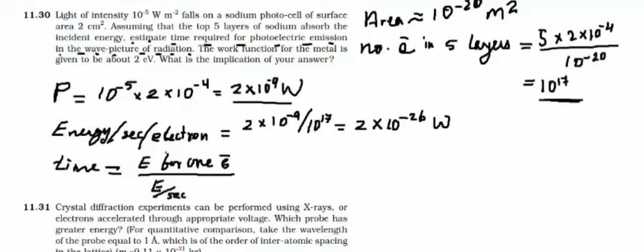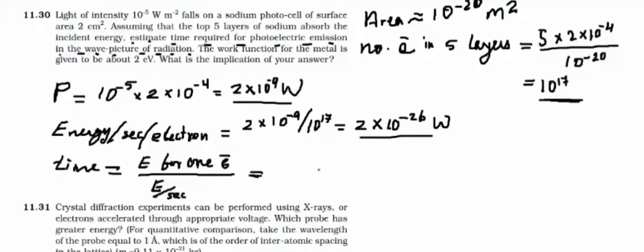So energy divided by energy per second, then second goes to the numerator, energy and energy cancel, and you will get the time in seconds. Now look at the quantities. Energy for one electron you have calculated already, then energy per second.